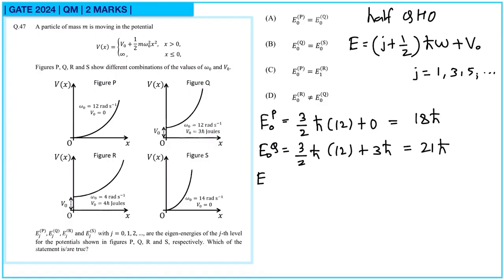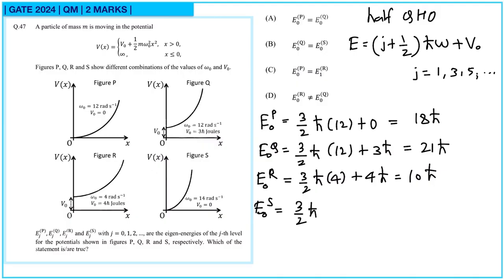Now next is E naught R. I am calculating only those which are in the options. So E naught R is 3 by 2 h cut, and the corresponding omega is 4, plus V is 4 h cut. So this will be equal to 10 h cut. Next E naught S, again 3 by 2 h cut, and for S omega is 14, plus the corresponding V naught is 0.